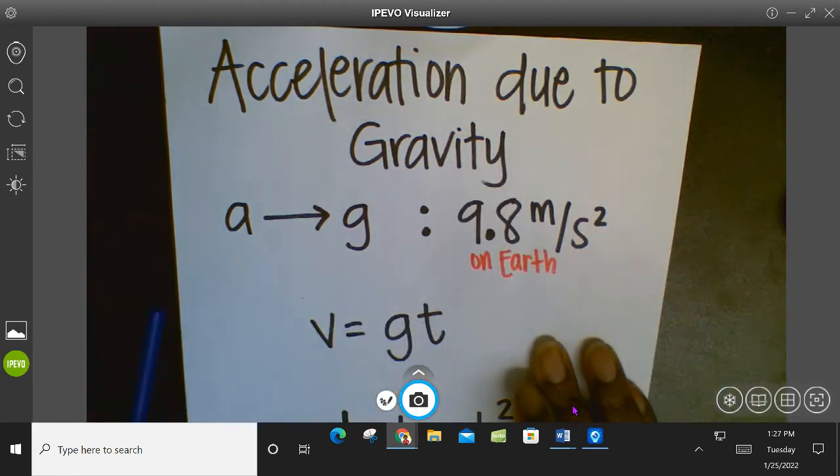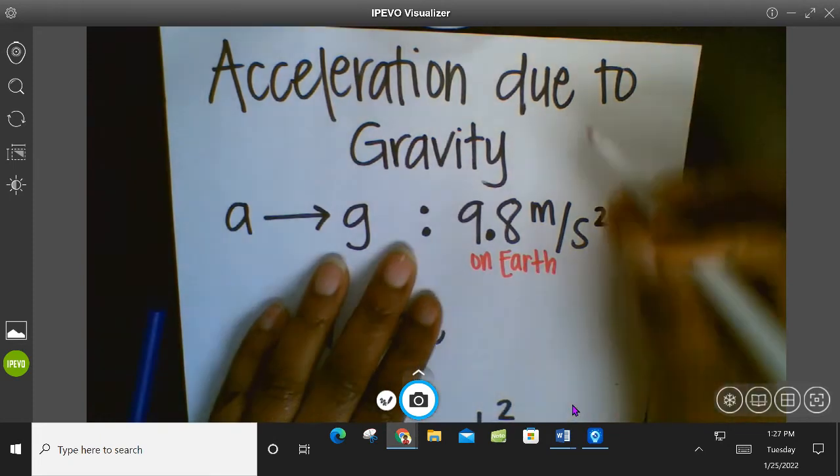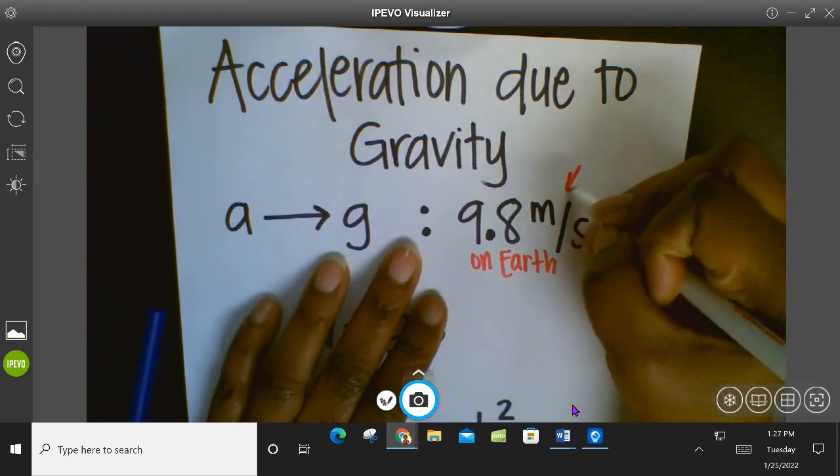And because it is the acceleration due to gravity on Earth, it's always going to be 9.8. You may see little differences depending on where we are. If we're on a different planet, this number is going to be different. The good thing is it's a constant. Okay. So it is a constant.